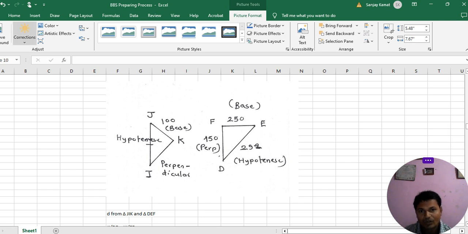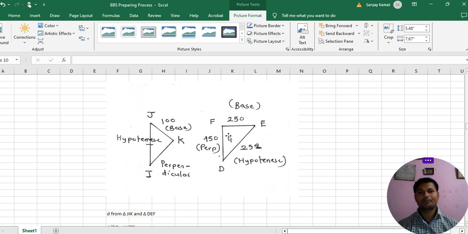Okay. So as you can see here, now what is possible here? This is also a triangle. See, this side is equal to this side. This is the hypotenuse, this is the base, and this side is the perpendicular. And in this triangle DEF, side DF is the perpendicular, EF side is the base, and DE side is your hypotenuse.